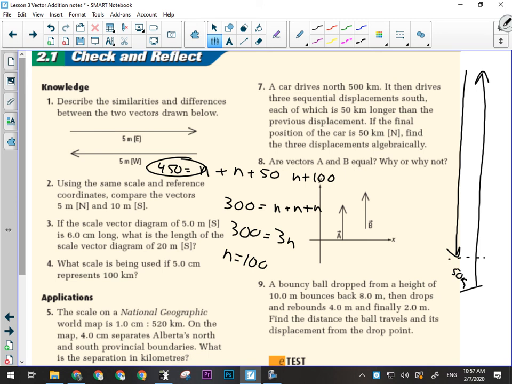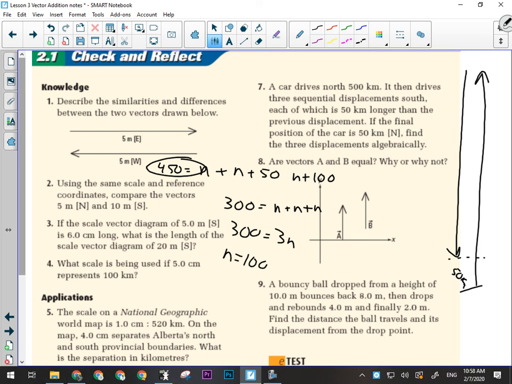Like when we were actually writing it down, should it be 50 kilometers minus 500? So you would get negative 450. So you would have a vector. Yeah, I mean, we could. I knew that 450 was south. I just kept that in my head, right?